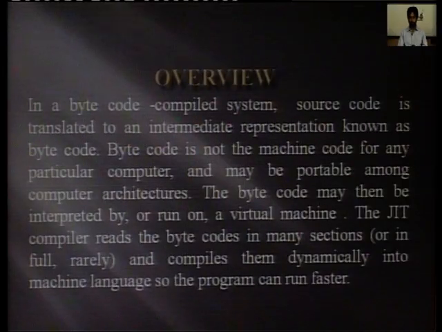So the intermediate code that is generated when we write a program is called bytecode. Bytecode is not machine code. This should be very clear: the bytecode for the .NET framework is not machine code.